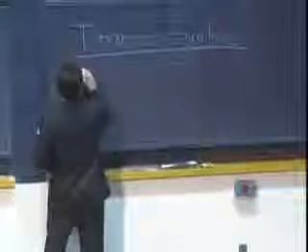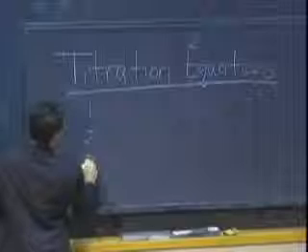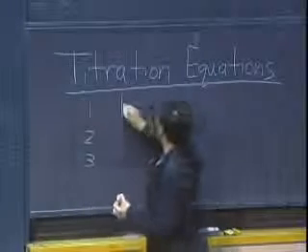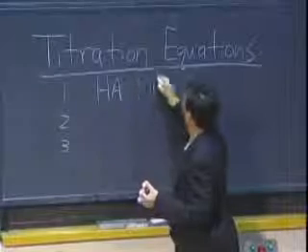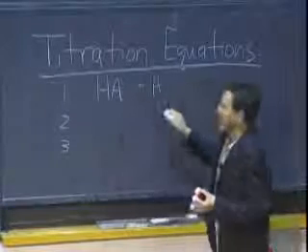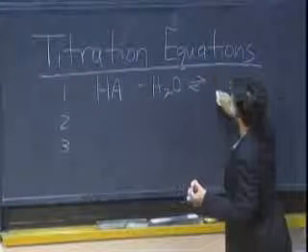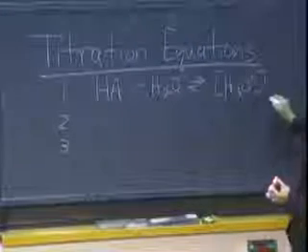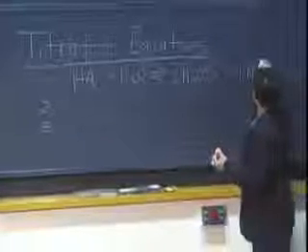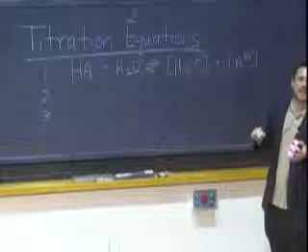First, we're going to have a set of chemical equations. These correspond to the acid HA, which is acetic acid in our example, in water reacting to give some concentration of H3O+ and the anion A-, which is acetate ion in this particular case.